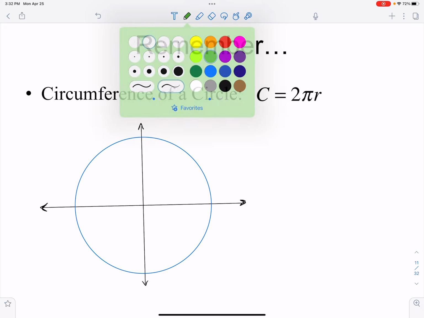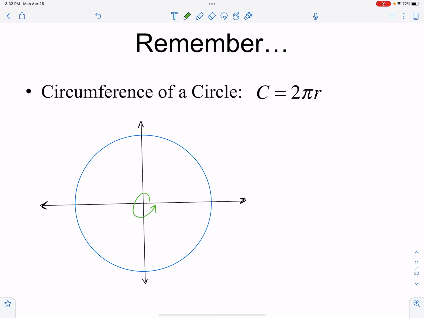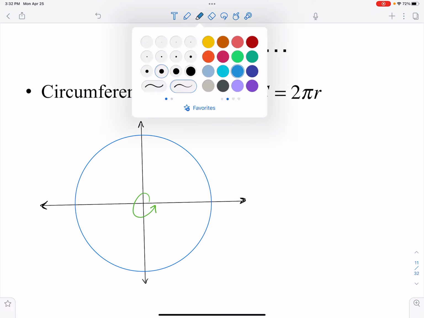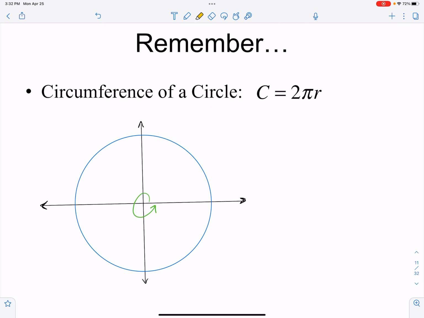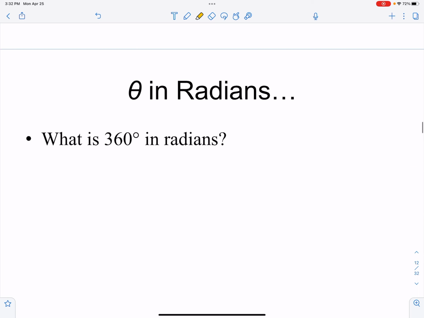So for a full rotation of 360 degrees, the arc length would be equal to 2 pi. If we're trying to determine what 360 degrees is in radians, the angle in radians would be the arc length divided by the radius.